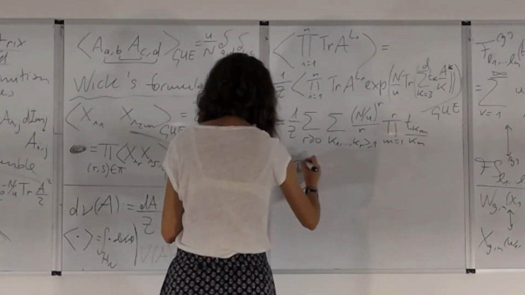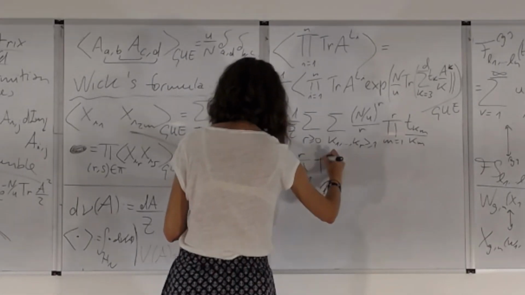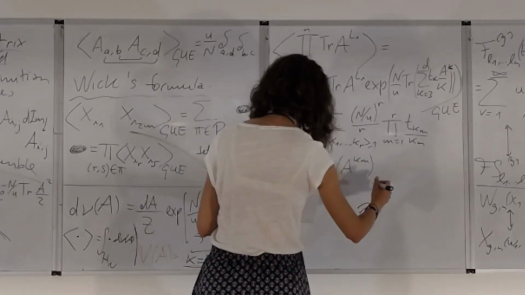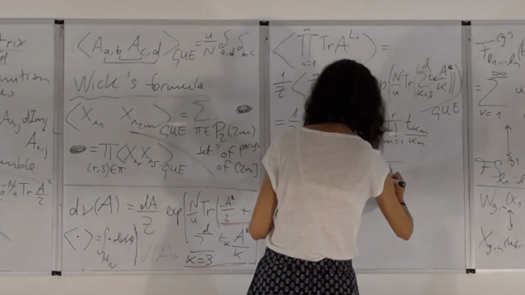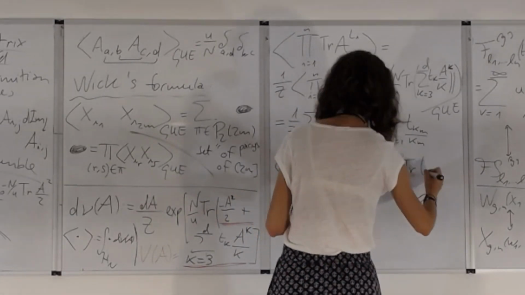And then inside of the integral, you just have the products that come from the expansion of traces of a to the k_m and products of the traces that were already there. So these ones are not new.